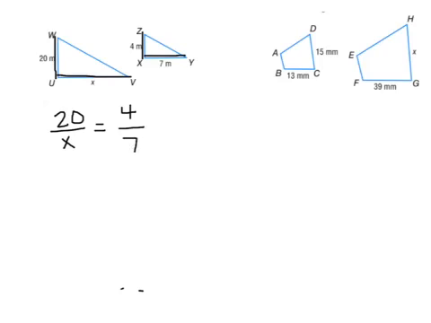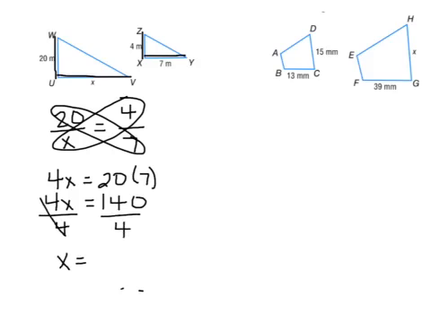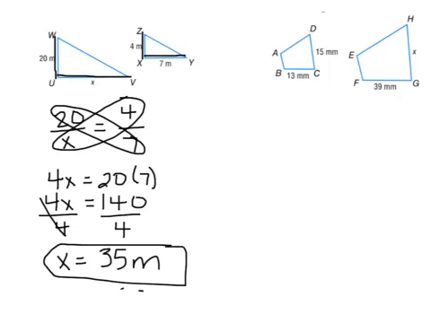Once you have it set up like this, it's turned into just a straightforward proportion, and we would solve it just like we did by solving proportions. So we would do 4 times X equals 20 times 7. 20 times 7 would be 140. And then we would divide by 4 on each side. So X is going to equal 35. And it does have meters, so make sure we put our label with it. Perfect.